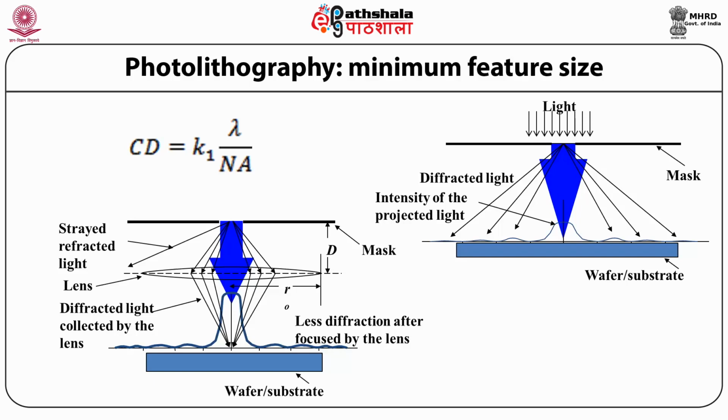Now when we are using a lens, then the photo mask transfers the image from it to the wafer. That is, we have less diffraction after being focused by the lens.